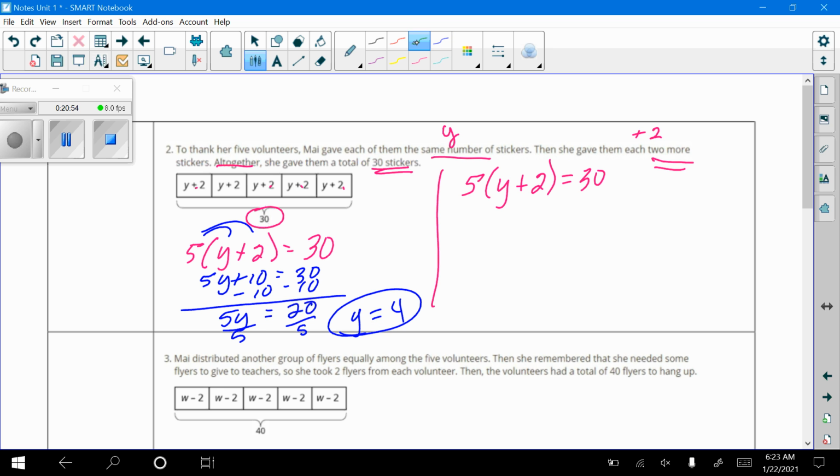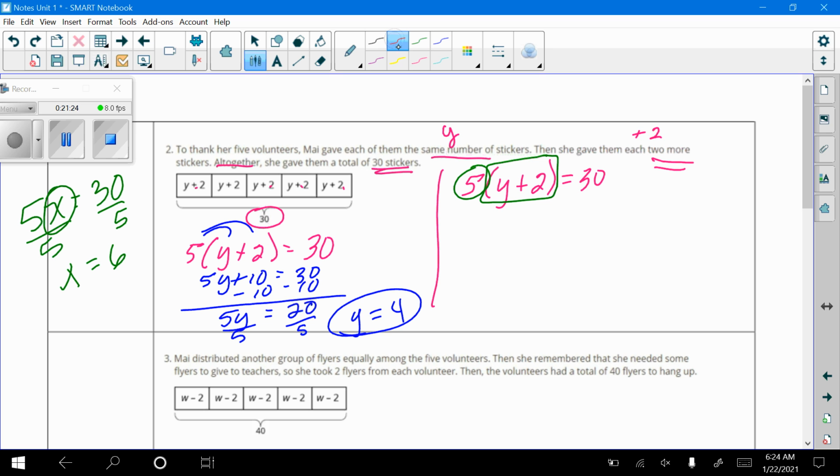Another way I could do this, if you can see it ahead of time, is that 5 is being multiplied by this quantity. So if I had just had a 5x equals 30, I would have divided by 5 and got x alone, right? This is the part that I'm multiplying the 5 by. This is a factor. So the 5 is a factor and the y plus 2 together is a factor.